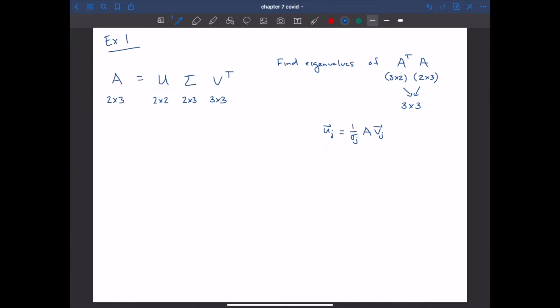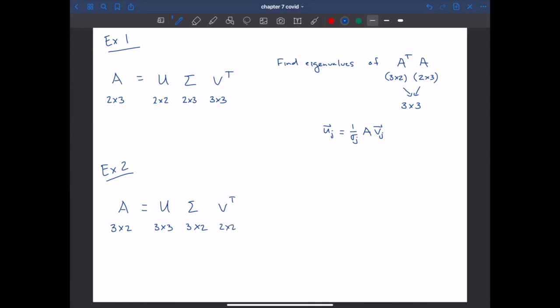In example 2, A was a 3 by 2 matrix, and so the U matrix we were looking for was 3 by 3. The sigma matrix we were looking for was a 3 by 2, and the V matrix we were looking for was a 2 by 2.